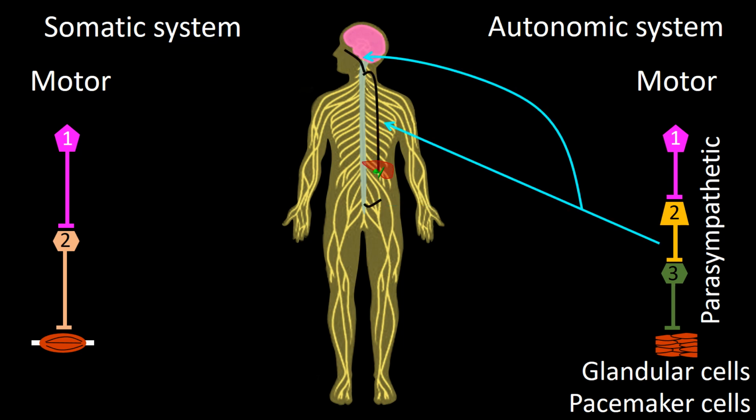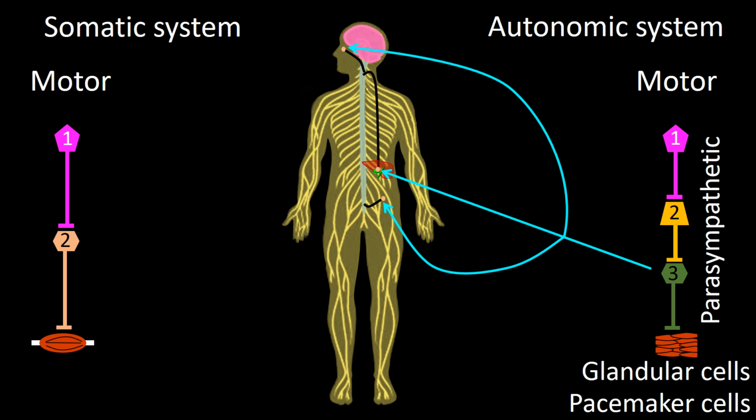Their axons usually travel for a long distance, or at least a relatively long distance, to reach the third neuron in a parasympathetic autonomic ganglia close to or embedded in the superficial layer of the intended organs. Here represented as cream-colored dots.